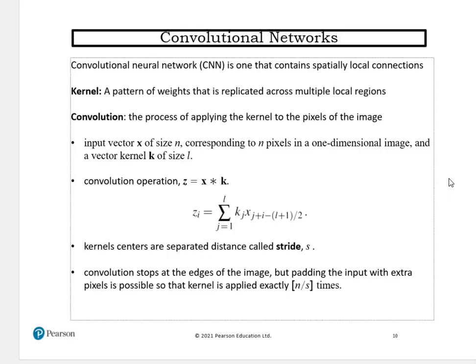First, it respects adjacency, at least locally, because you're providing a small area of the image to each unit. And second, it cuts down on the number of weights. If each local region has a number of pixels, L, that's much fewer than N, then L times N will be much less than N squared.